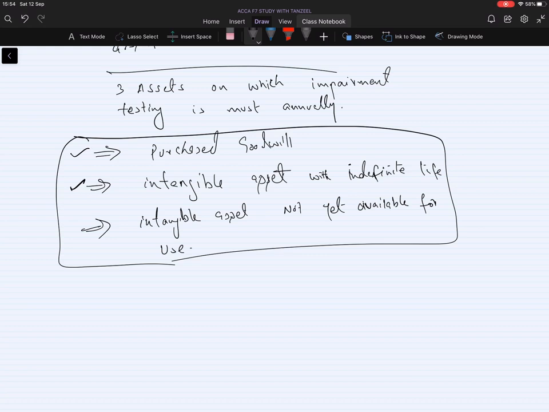We need to calculate impairment annually, every year. Third, an intangible asset not yet available for use. So on these 3 assets we calculate impairment every year. So this is the complete IAS 36.